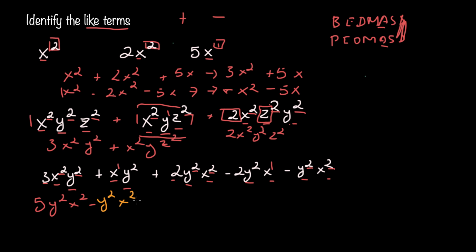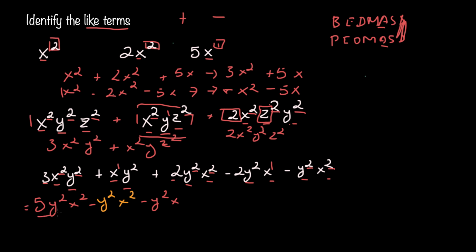So isn't that just going to be negative y squared and then x to the power of 1? We're not going to write the 1 because it's bad form. Remember, the order of the variables doesn't matter. As long as the exponents are the same and the variables are the same, we're still going to get the same answer.